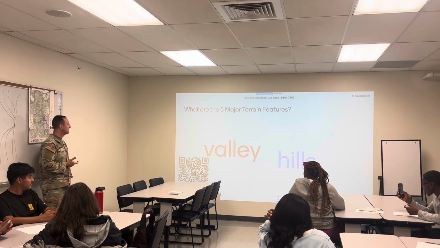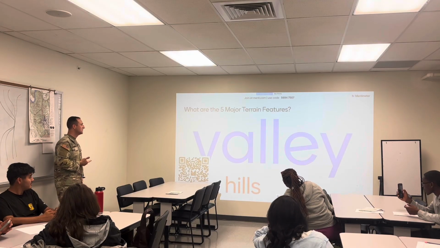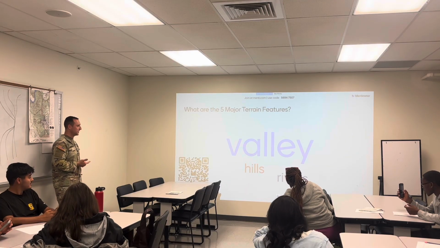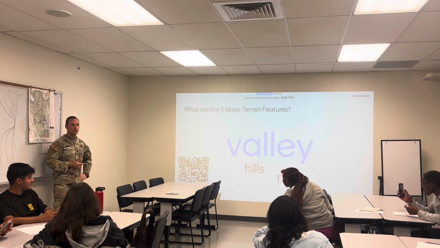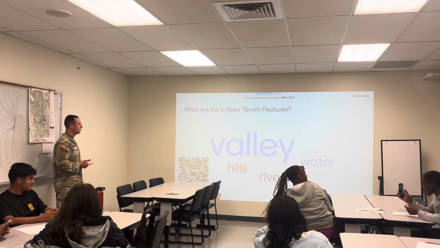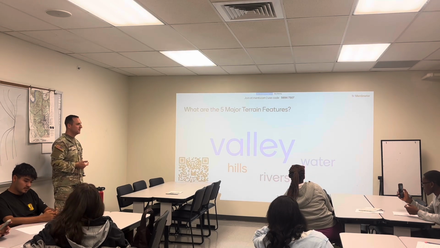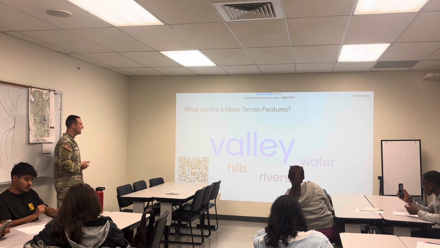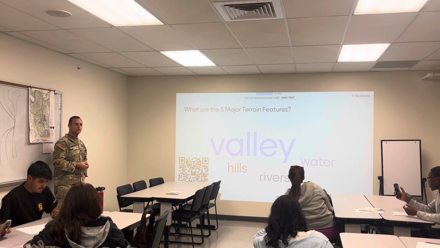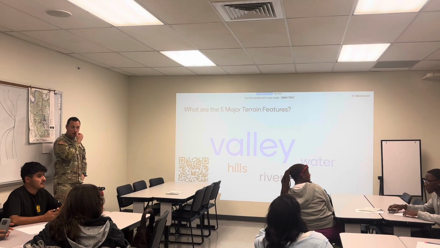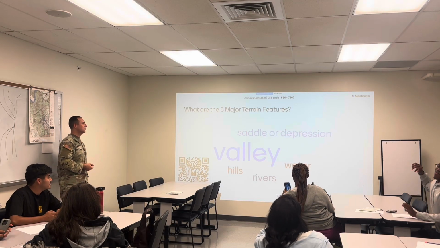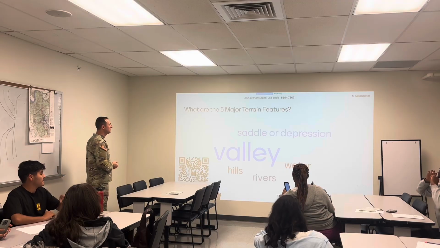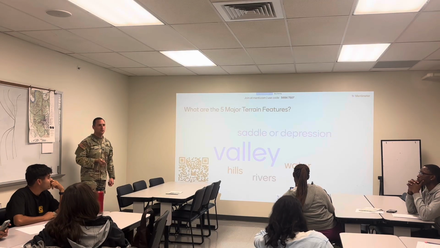Valley, great. River, not quite on rivers, not quite. Water is important. What was your guess, Callie? Oh, okay, no worries. Saddle or depression? Okay, there we go. Depression's one. We're going to get to saddle.